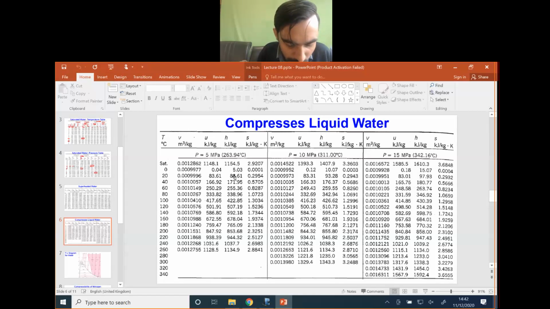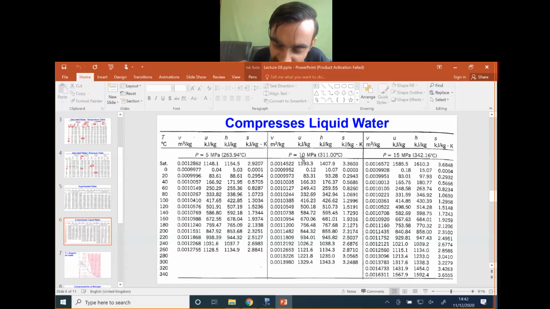So any entry beyond 263 is not included here, because as the temperature reaches 263, the state becomes saturated liquid. Beyond that it goes to the superheated region. That's why in the compressed table we don't have entries beyond 263.